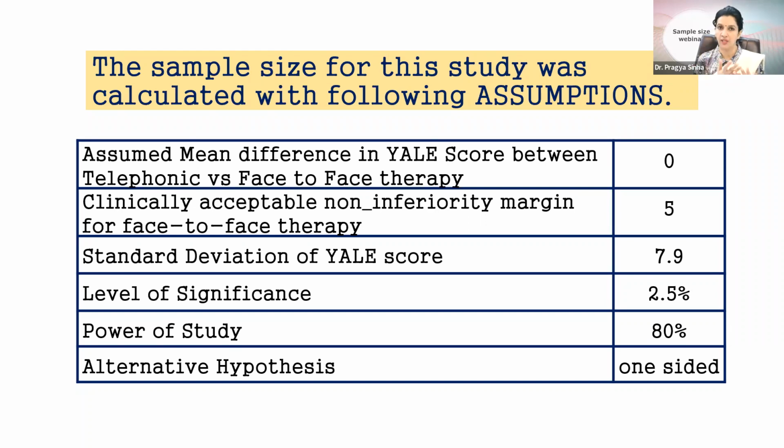That's why we have checked with many papers, and usually in all the papers, we have found that they keep this mean difference of the continuous variable at 0. And then, yes, this non-inferiority margin is 5, standard deviation is 7.9, and this is 2.5. So total 62. So let me check again. I will also do it.